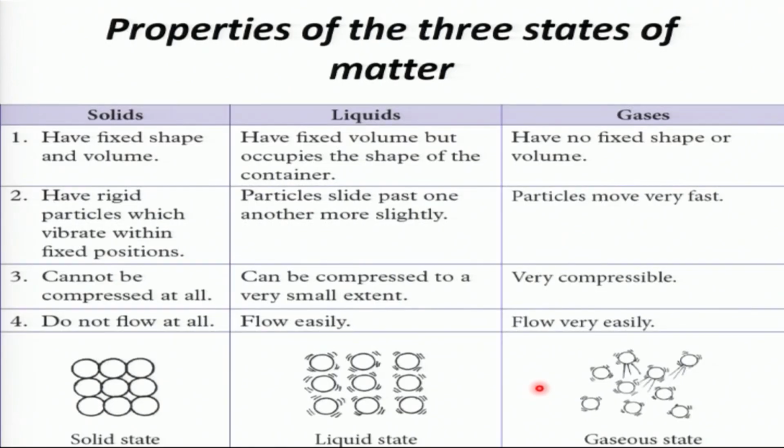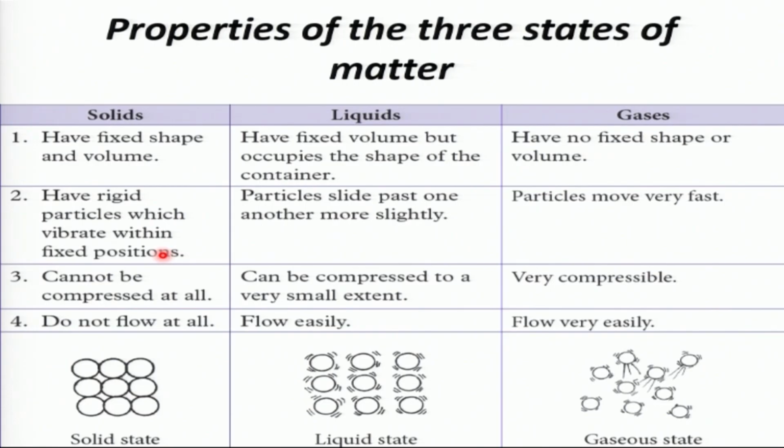What is the next thing? The next thing is to look at those three states and their properties. What are the properties of the three states of matter? We have given examples of the solid, liquid, and gaseous states. Now we compare their properties.